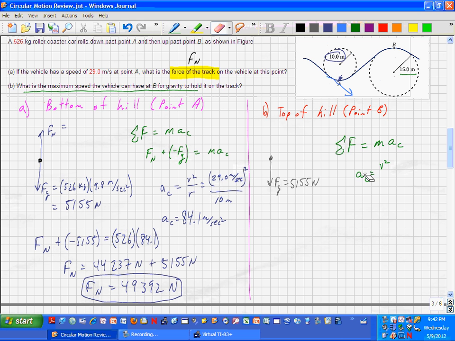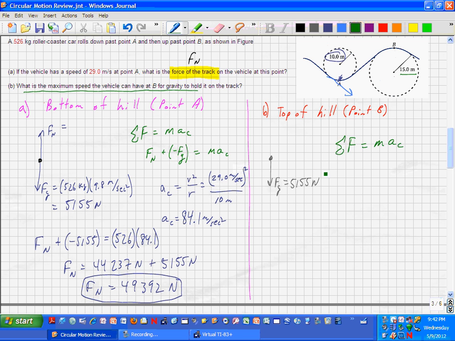So let's back this up a second. Oh, I know what we need to do. We're going to need to figure out this centripetal acceleration and use that to solve for velocity.